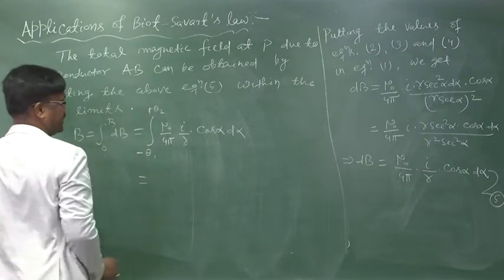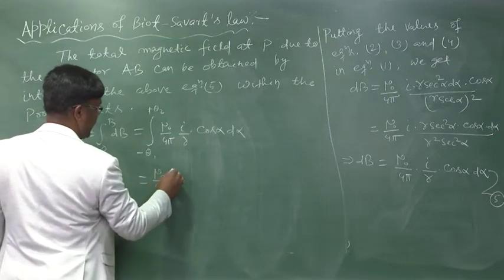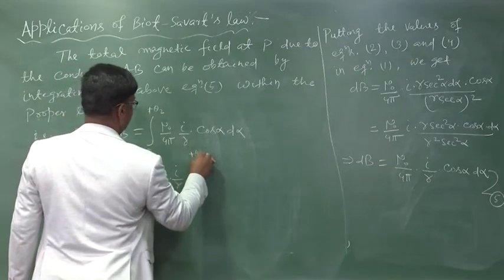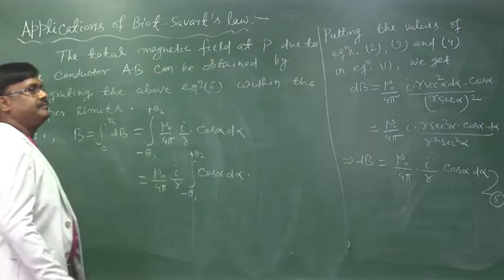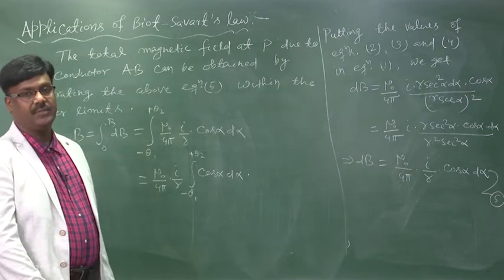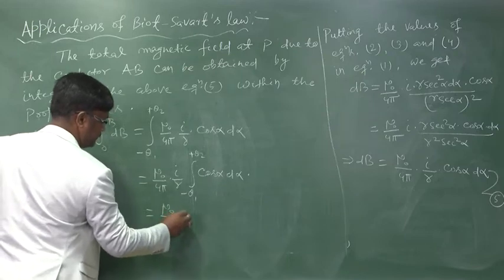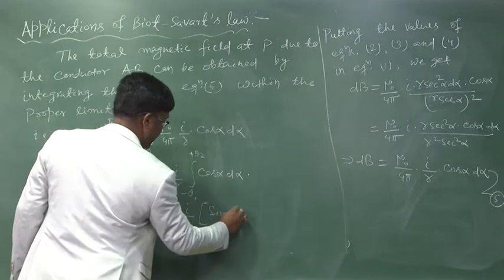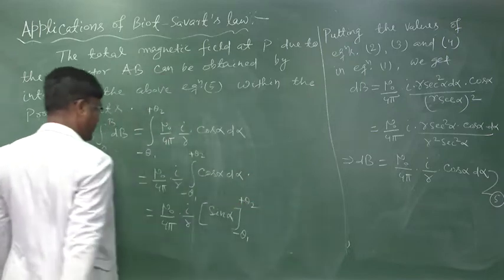So, these constants will be taken outside. So, μ0 by 4π I by r integration of minus θ1 to plus θ2 of cos α dα. And we know the integration of cos α is nothing but sin α. So, it will be μ0 by 4π I by r, sin α from minus θ1 to plus θ2.